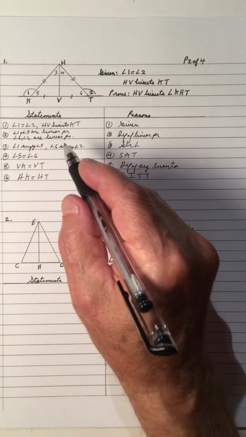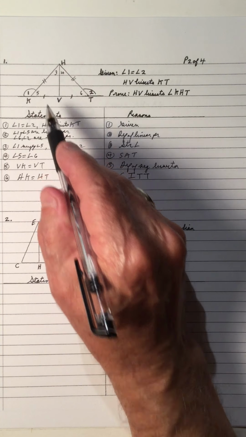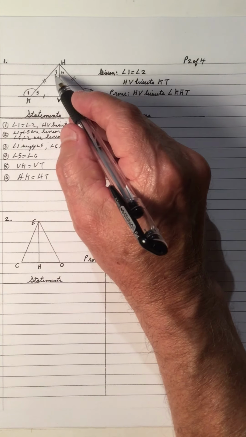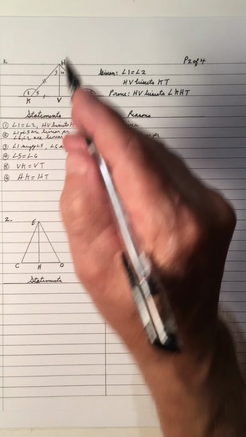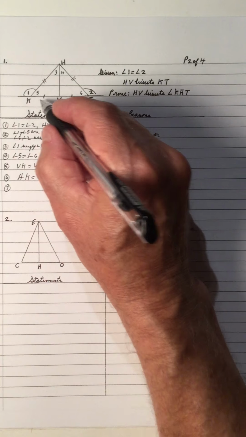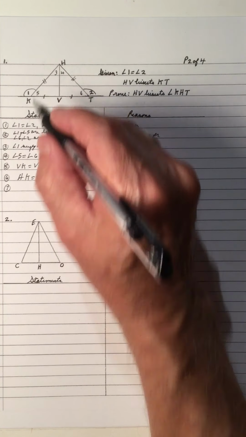And now we have 5 equals 6, and we have KV, KH, so we have it all. So we have this side equals this side, and these angles in between equal.